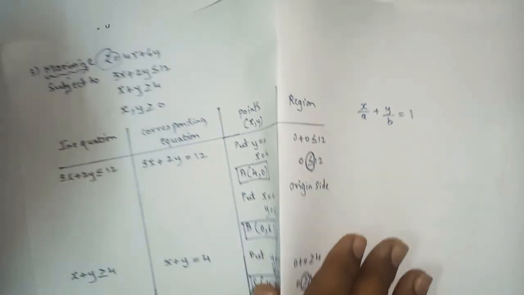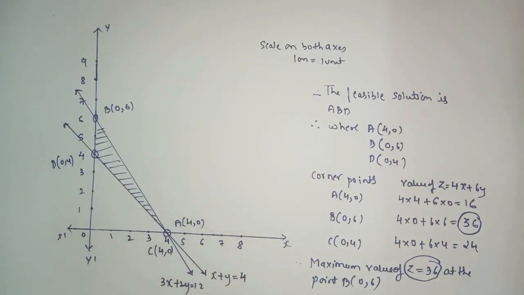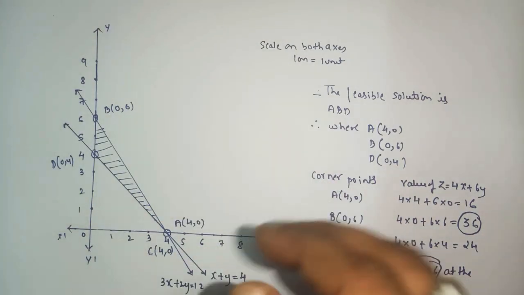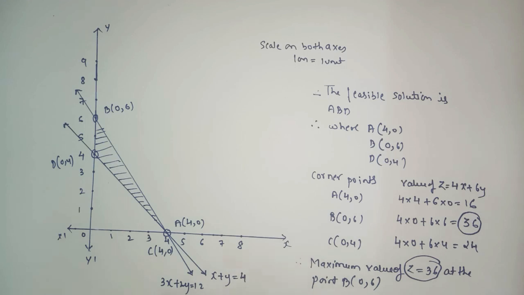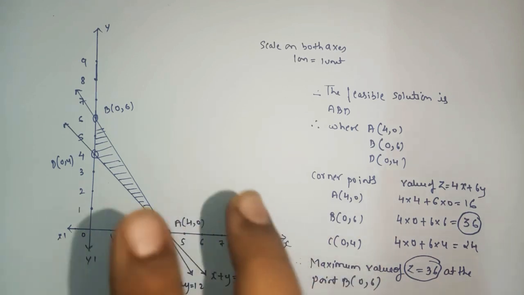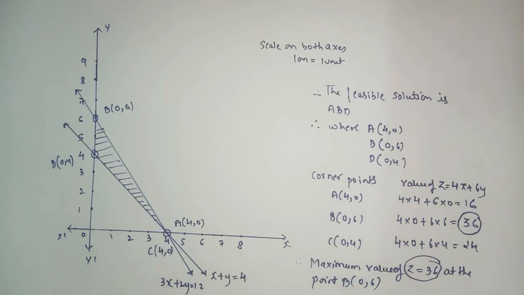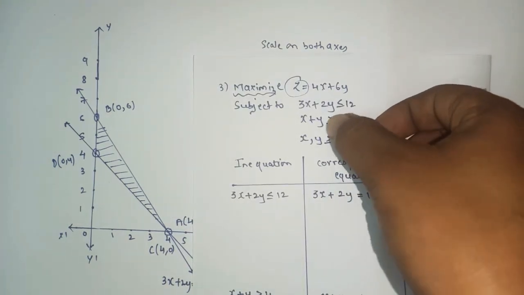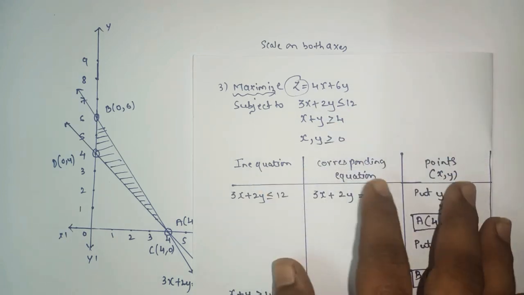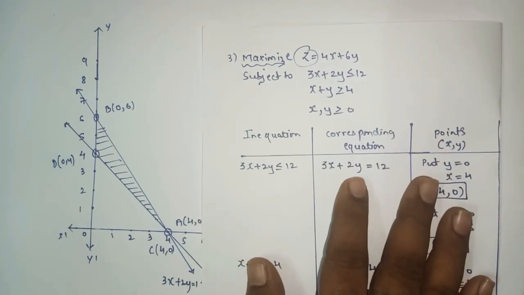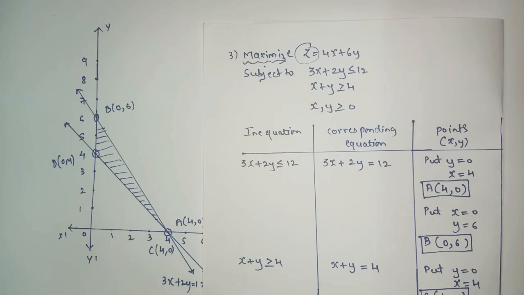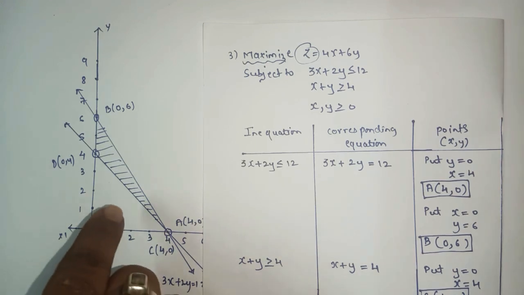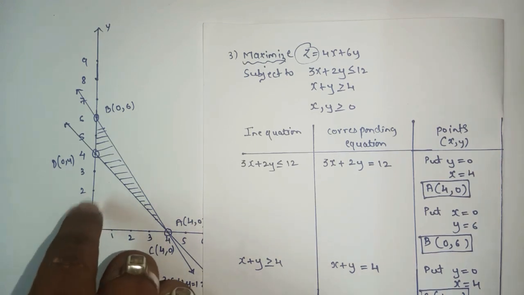So I hope you all understood, when it is less than and greater than, where the common region will lie. As I told, whenever we have two linear inequations and they contain less than equal to, less than equal to, as I explained in the previous video also, the feasible region will lie this side.